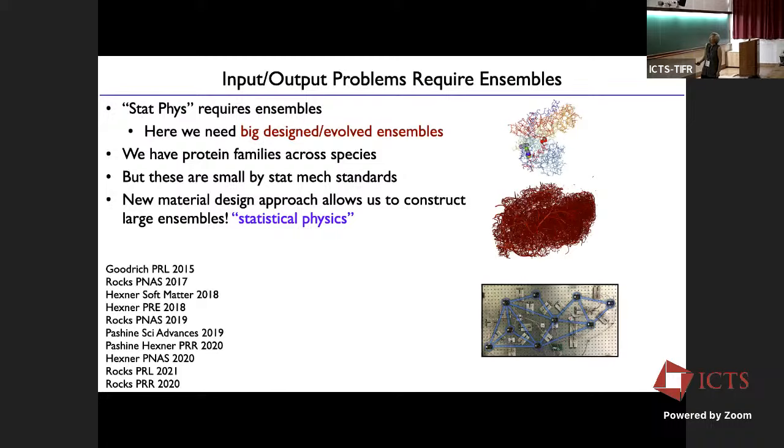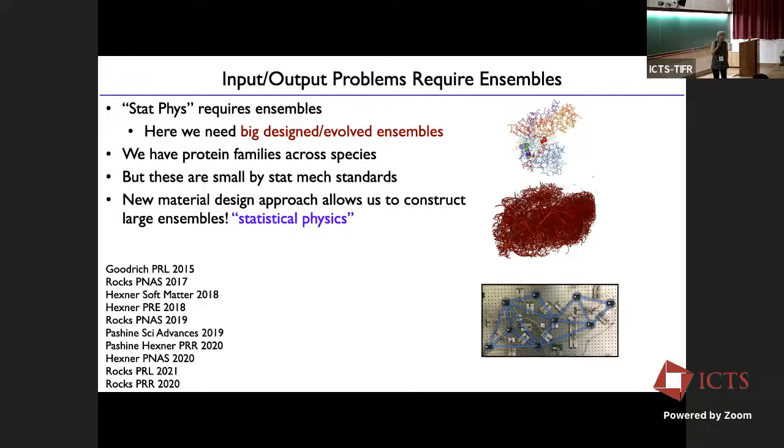And the kinds of examples that biology supplies us are much too limited. They're tiny compared to the ensembles we need to figure out what's going on. This is why people have studied protein allostery since the 1950s, and still there's enormous controversy. People do not understand the mechanism of allostery. It's still an outstanding problem because they have only had these very limited examples.